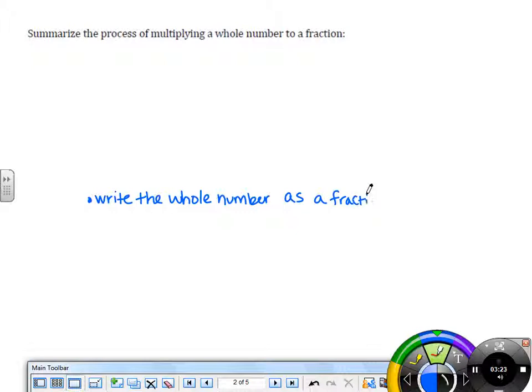So remember, that involves taking the number we already had and putting it over 1. The second step we would do is multiply following the normal rules. And then for our answer, we simplify if possible.